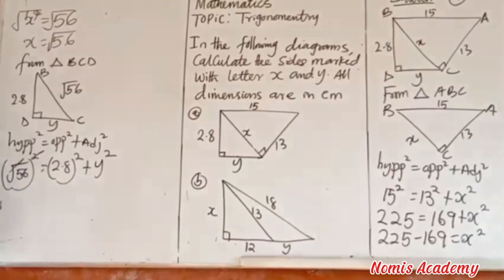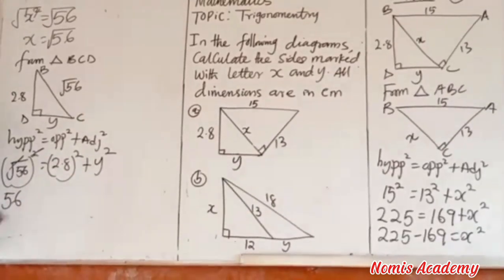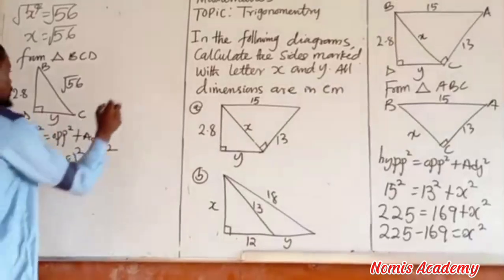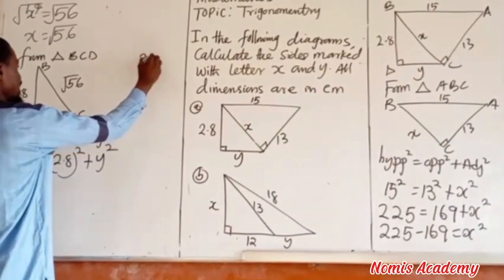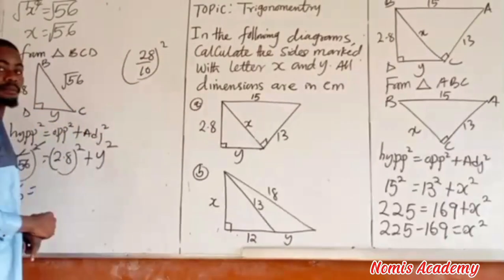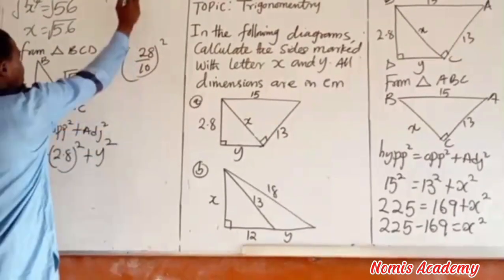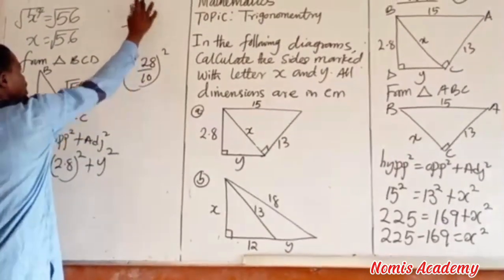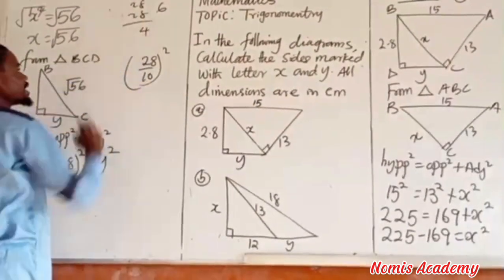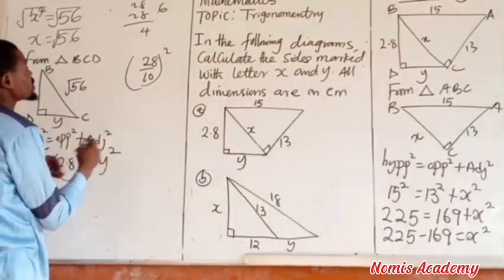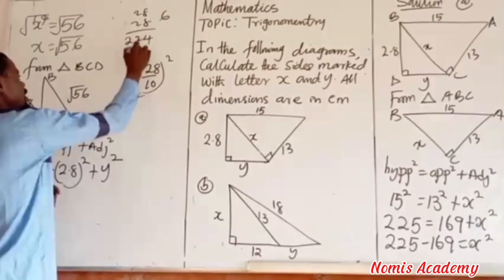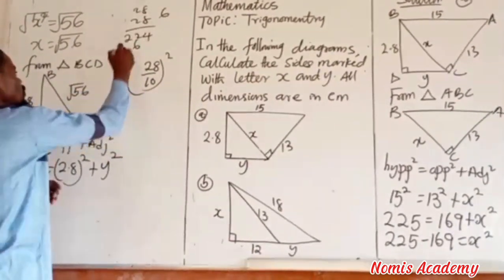Square cancels square root, we have 56 is equal to 2.8 squared plus Y squared. We can now say 28 over 10 all squared, in decimal. So we now have 28 times 28. 8 times 8 is 64, 4 carry 6. 8 times 2 is 16, 16 plus 6, we have 22. 2 times 8 is 16, 6 carry 1. 2 times 2 is 4 plus 1, we have 5.